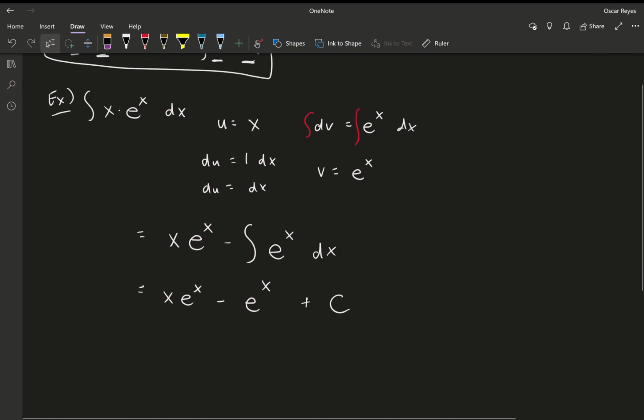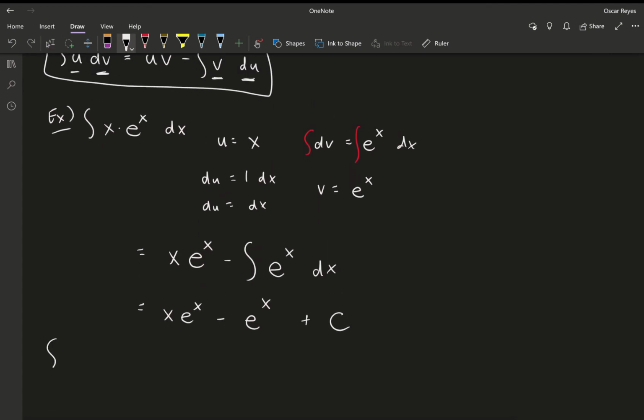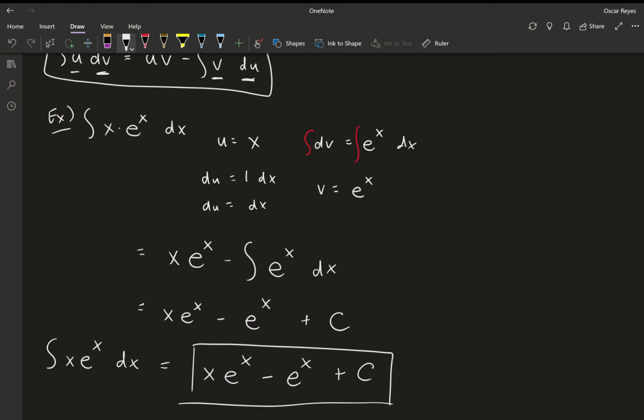So in theory, our integral of x e to the x dx is equal to x e to the x minus e to the x plus some type of constant. And that'll be our answer.